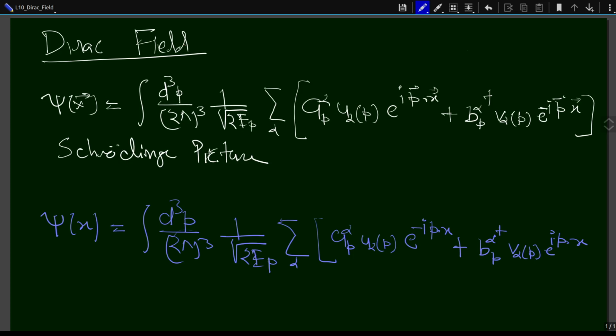So these are the two expressions for the field, almost identical. The difference is that in the second expression x is the 4 space-time vector, while in the first expression x is just a 3-dimensional vector. And this is Heisenberg.